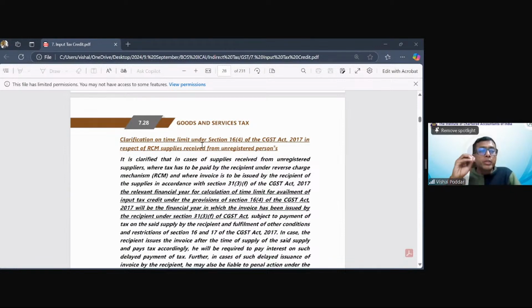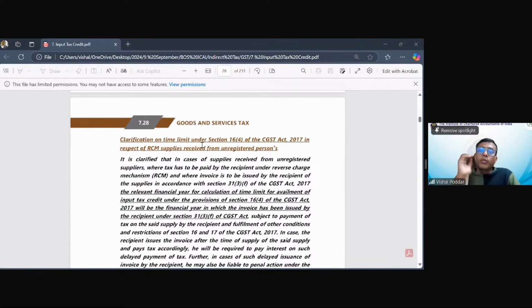Now in this particular case, the interesting point is that when we are talking about this RCM, there are two possibilities. One, my supplier is registered. Two, my supplier is unregistered. If my supplier is unregistered, then it means the supplier does not have any GST number. The supplier is not filing any GST returns, and also the supplier is not giving me a GST invoice.